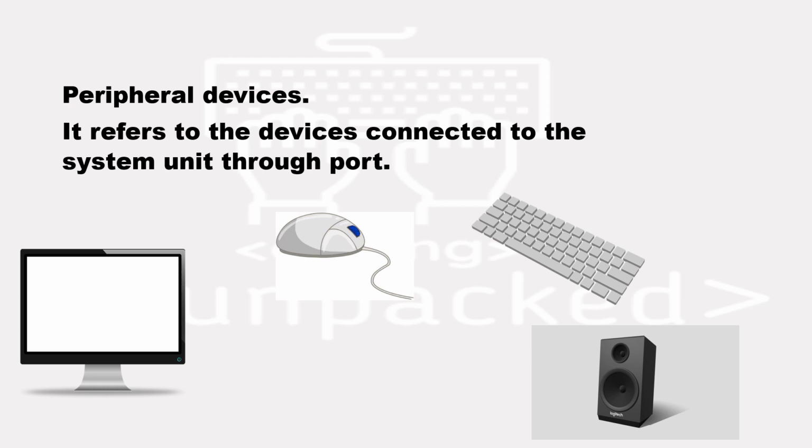These devices, let's not call them components, these devices are connected to the system unit. They are called the peripheral devices. So you have to remember the devices are connected to the system unit through ports.